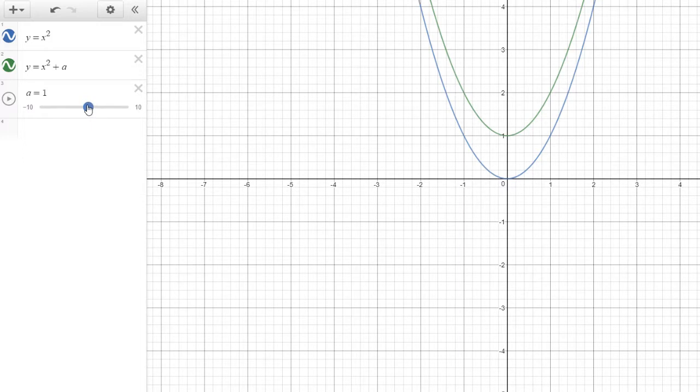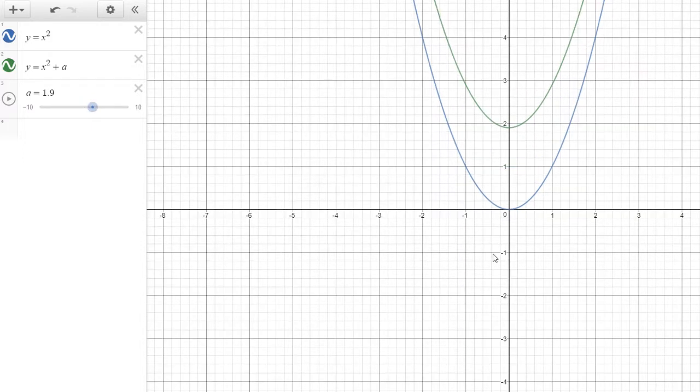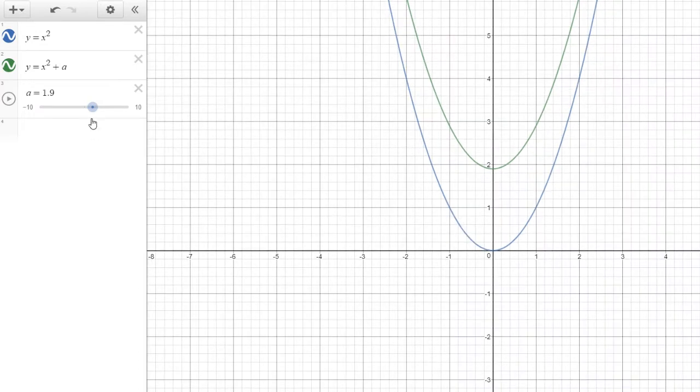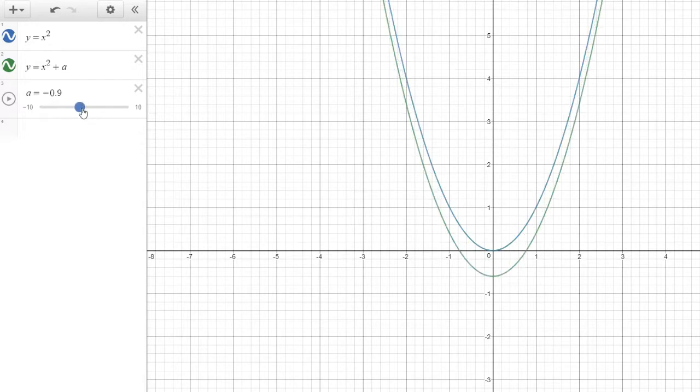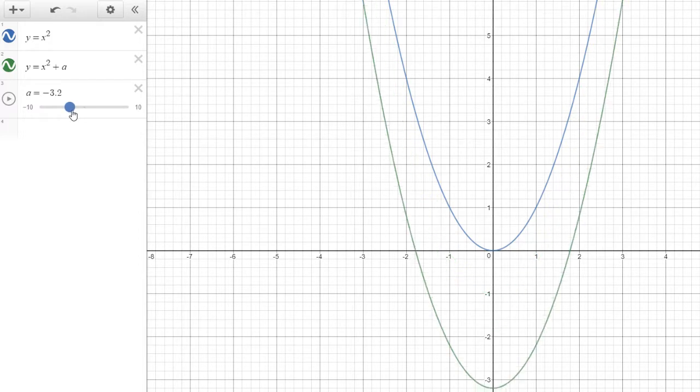You can see when a is greater than 0, it shifts the graph up the y-axis in a positive direction. You see that going up. When it comes down to 0, you'll just be back to y equals x squared, so it just sits on top of the original graph. And when you put a negative value in, you see it slides the graph down.